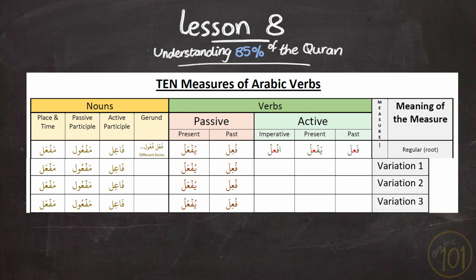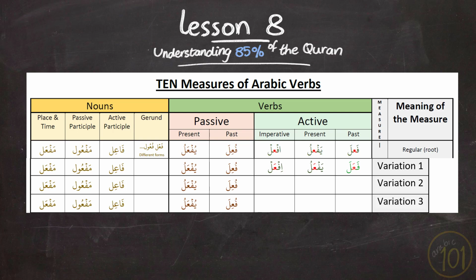So now let's see variation number 1 of this form. This means that we will have, from the first pattern, the ayn with fatha, so it will be fa'ala. And we also have fatha on the ayn in the second pattern, yaf'al. And in the imperative pattern, we will have the fatha as well, and it will be if'al.